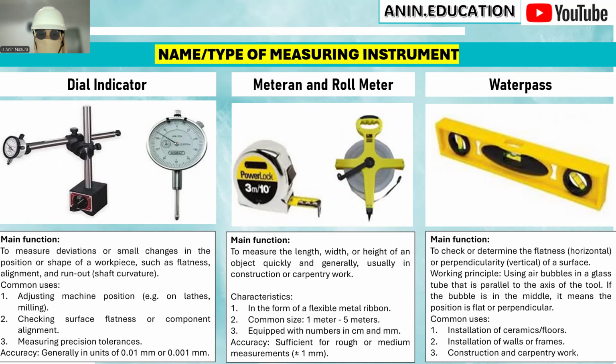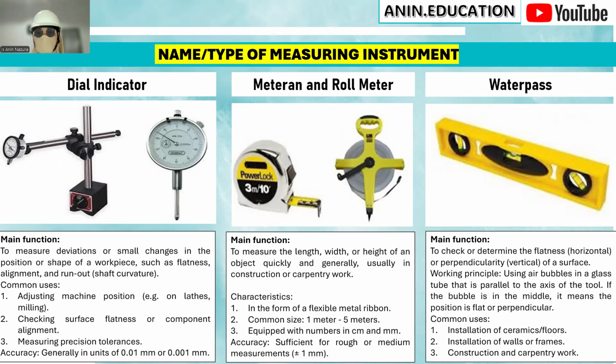Plus minus 1 millimeter. And the last one, waterpass. The main function is to check or determine the flatness, horizontal, or perpendicularity, vertical, of a surface. Working principle: using an air bubble in a glass tube that is parallel to the axis of the tool.